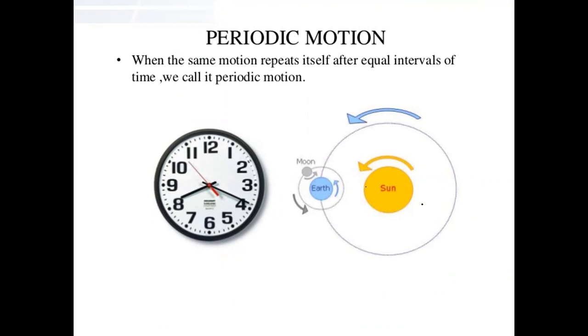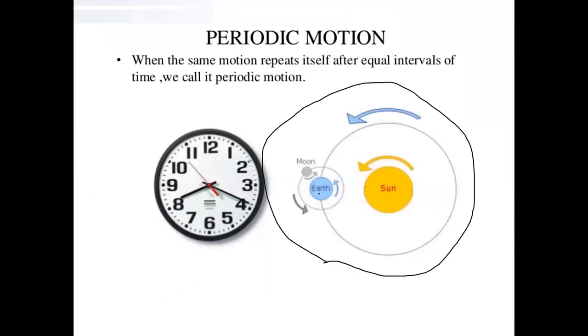Or we can take the example of the earth going around, taking the same time, 365 days and 6 hours, to complete a year. It is a periodic motion because it takes the same time every year.